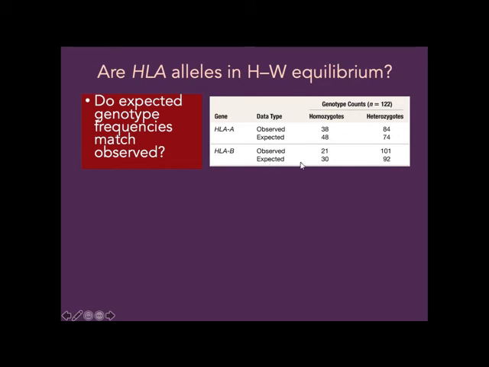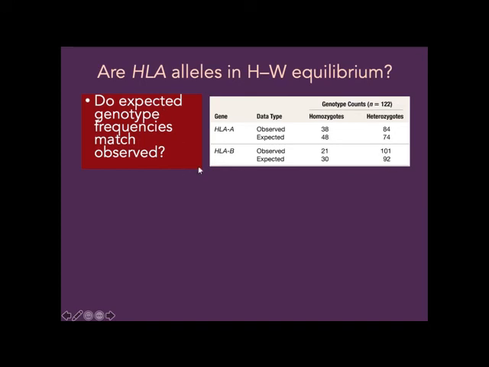Compared to what they would have expected, they would have expected 30 of them to be homozygotes, and 92 of them to be big B, little b. Okay? So what do you guys think?